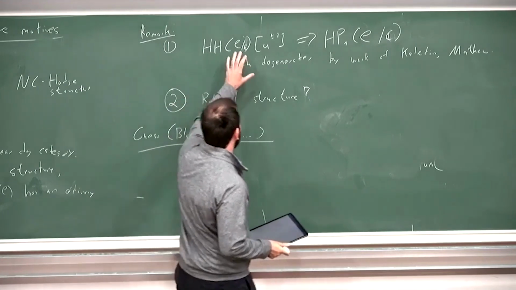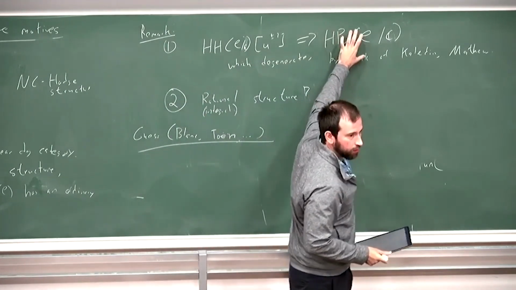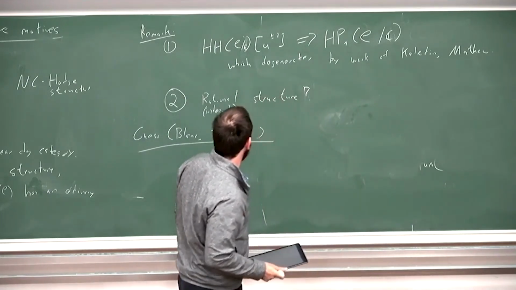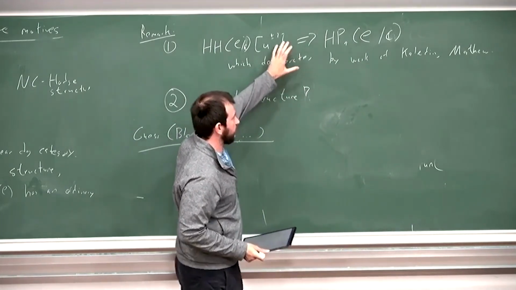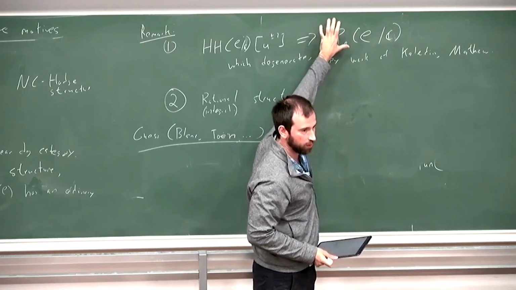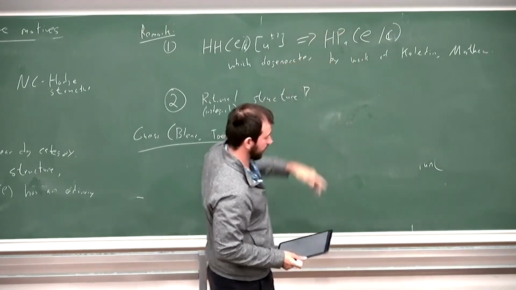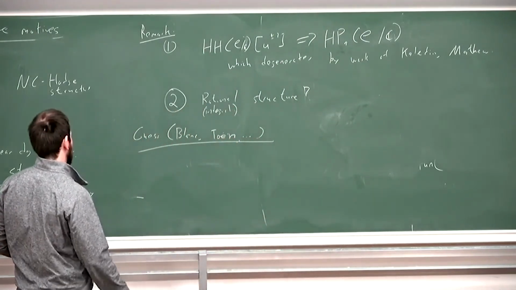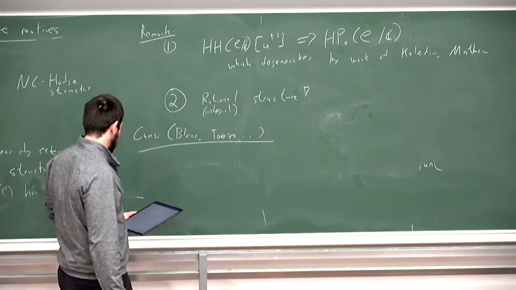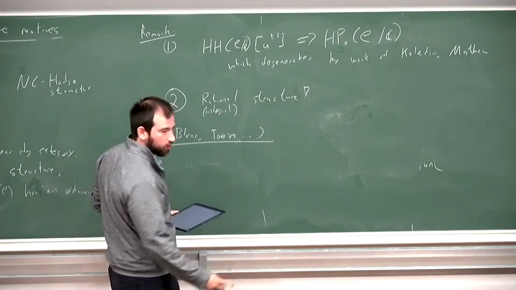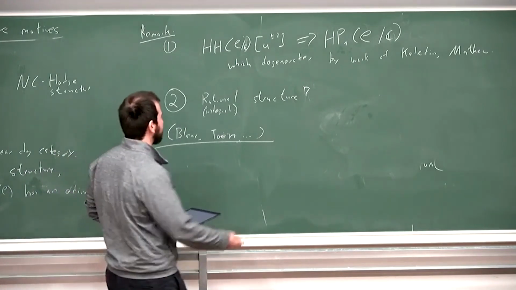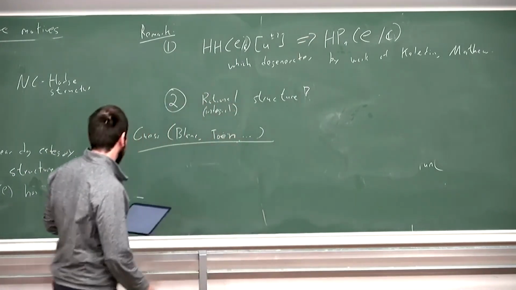Somehow this gives a filtration on the groups. It's because this spectral sequence degenerates, you get a filtration on the homotopy groups of this, and then that's exactly it. I was told to repeat the question when people ask. So he asked, how does this give you property 1?